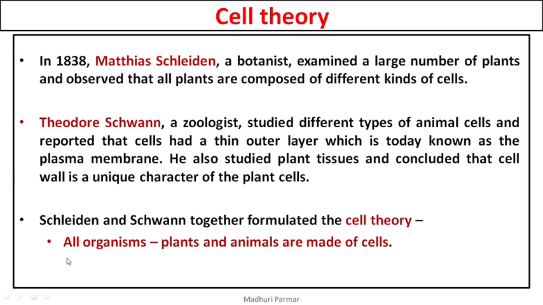So they gave this first statement that all organisms, plants or animals, are made up of cells. And cell is the basic unit of all living things. Anything which is living is made up of cells. It is the most basic part of anything that lives.